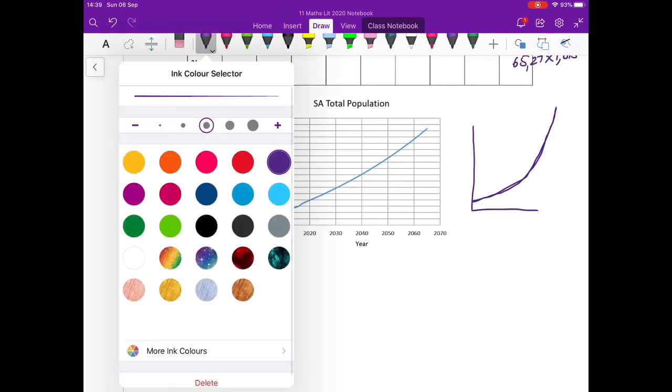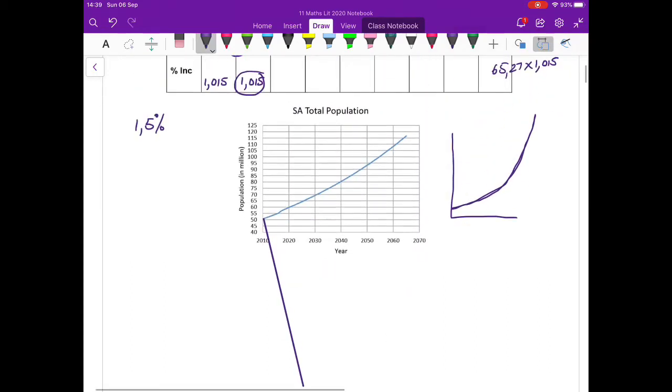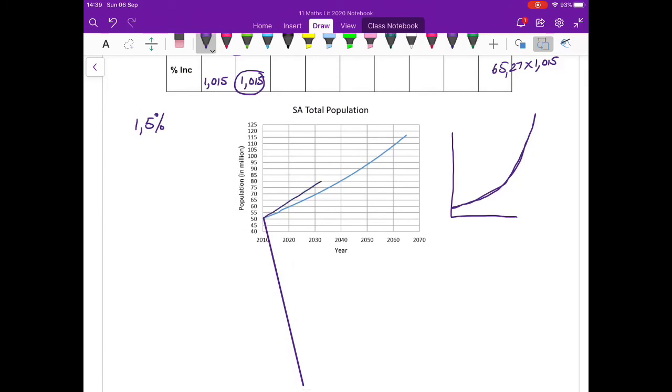If I took a straight line and drew it, you can see that this is not a straight line, but it is actually a curve, and exaggerated, it looks like that. That is called a constant ratio increase.